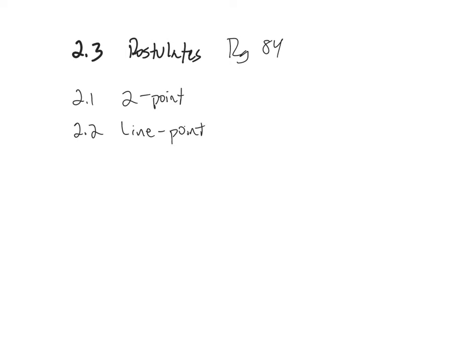So the names of them kind of tell you what you have. In 2.1, if you have 2 points, then you have exactly one line. And the line point goes the other direction. If you have a line, then it contains at least 2 points.